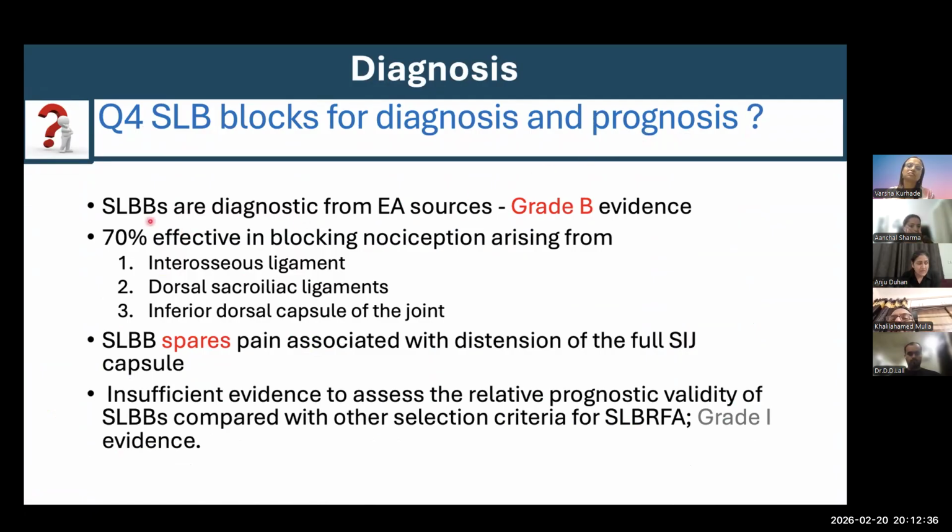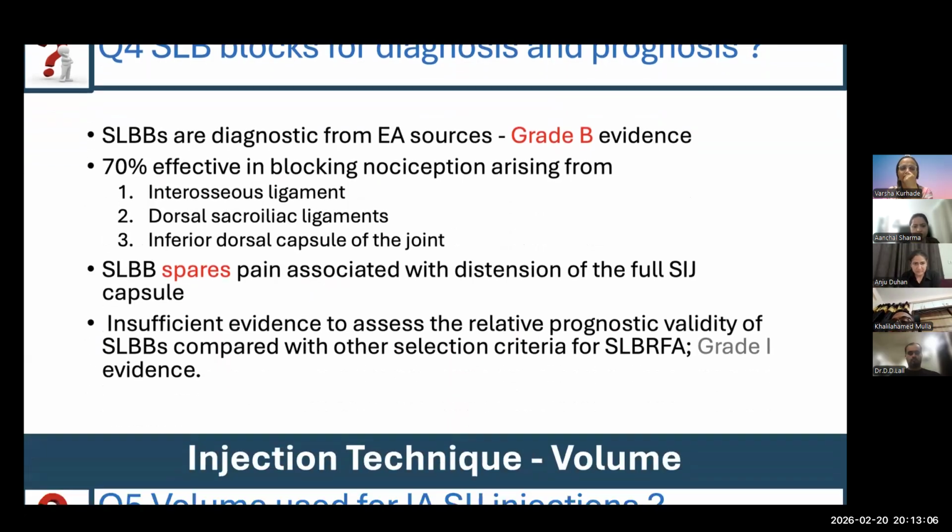Yes, SLBBs are diagnostic for pain arising from extra-articular sources, with approximately 70% effective in blocking nociception from the interosseous ligament, dorsal sacroiliac ligament, and inferior dorsal capsule of the joint. However, it spares the pain associated with the distension of the full SIJ complex. There is insufficient evidence to assess the relative prognostic value of SLBBs compared with other selection criteria for SLB-RFA.